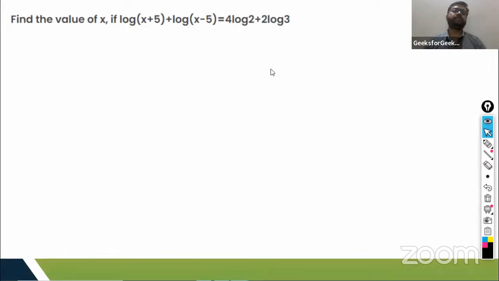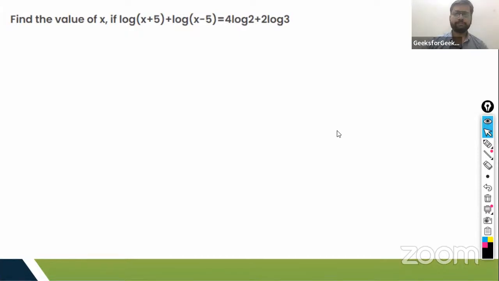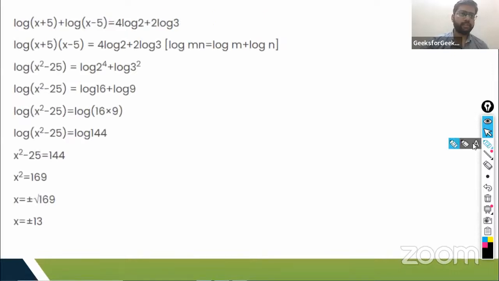Okay. So log(x plus 5) plus log(x minus 5) is equal to 4 log 2 plus 2 log 3. The equation can be formatted; I believe the equation is not difficult. Here the log m plus log n formula can be used.